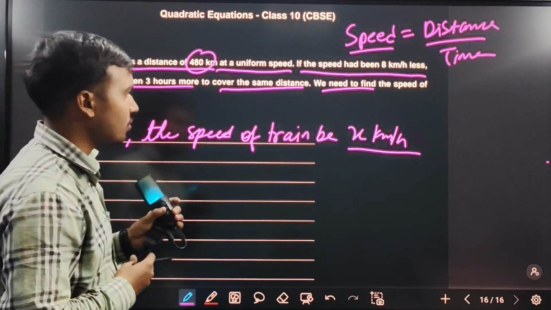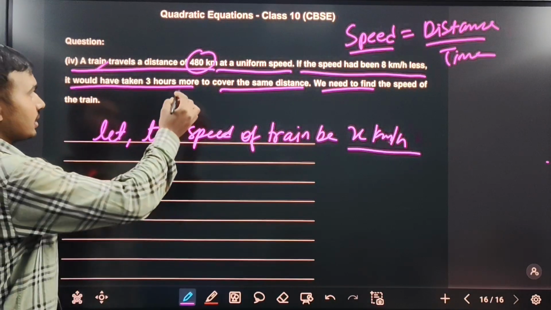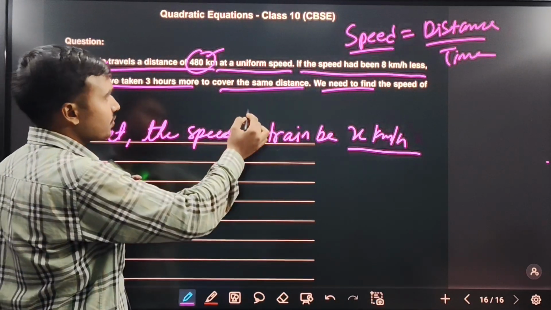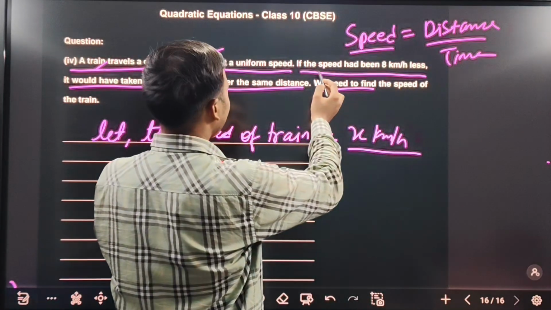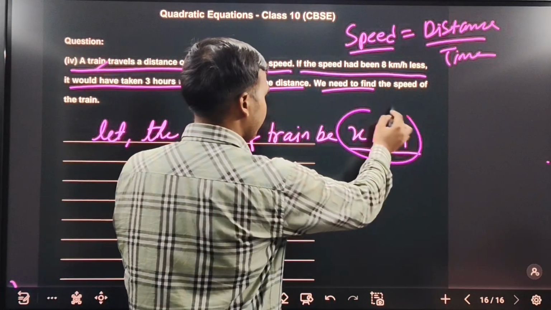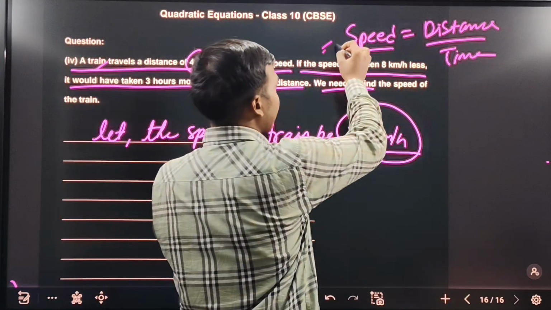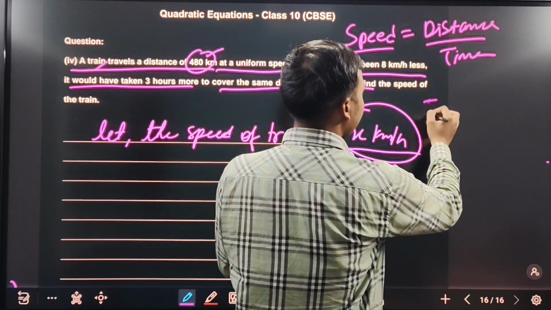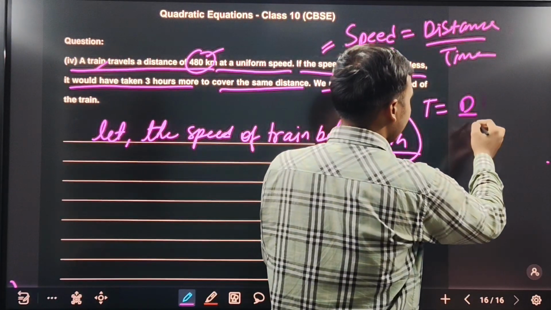Here it is given that the distance is 480 km at uniform speed, and we have considered the speed of the train to be x km per hour. So by using this formula we can write time is equal to distance by speed.